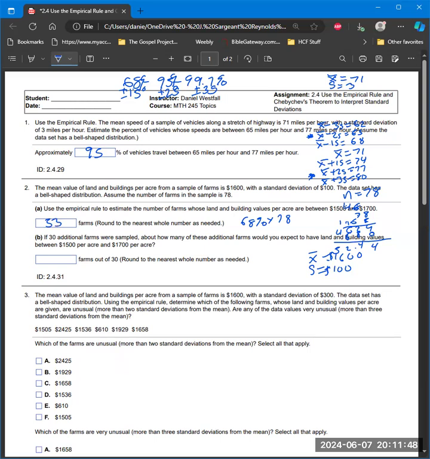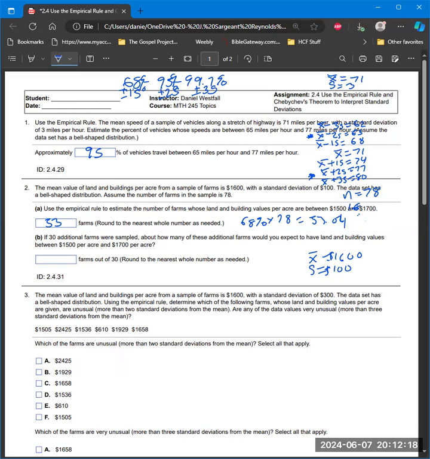Let me open my calculator here to verify that 68% of 78 is, yeah, 53.04. Let's not do that by hand. 53.04 is going to be 53 when we round it.